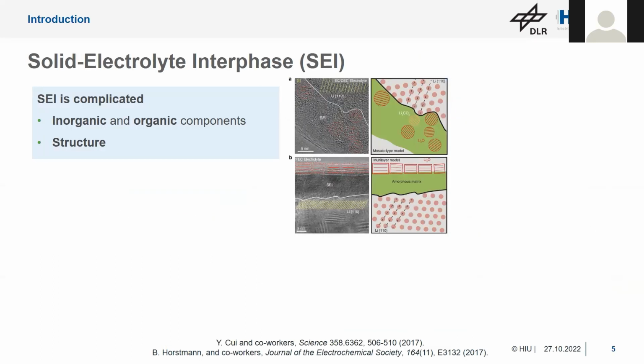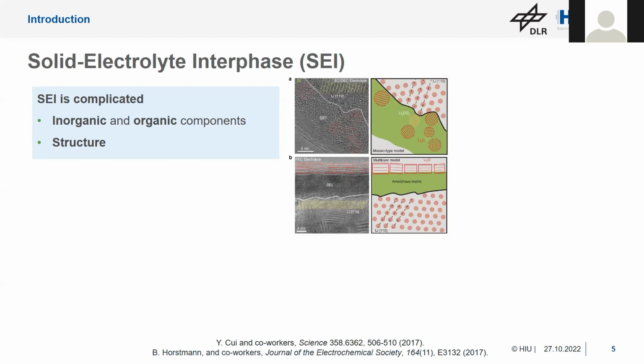Okay, and now in recent years, people have made nice nanoscale images of the SEI. So these are some cryo-TEM images, and people have found that the SEI structure is complicated.